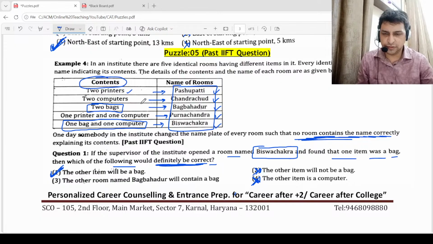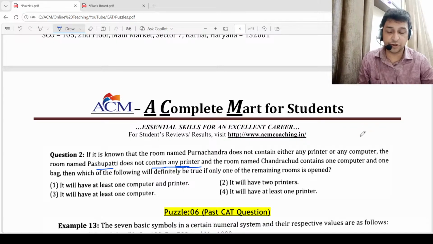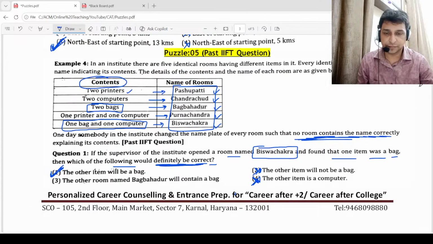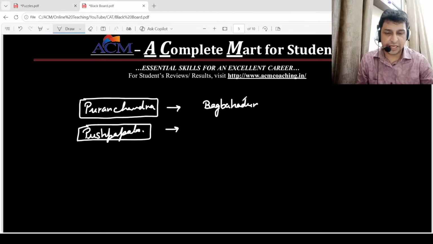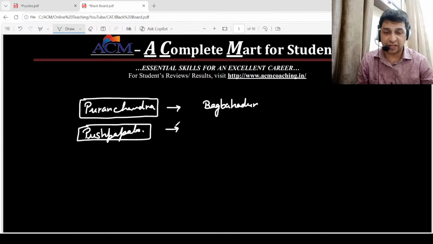So it can be Chandrachud, because it should not have a printer. It can be Chandrachud, it can be Bag Bahadur, but Bag Bahadur already has been taken, so it cannot be Bag Bahadur also. It can be Chandrachud, Purna Chandra is not possible. It can be Chandrachud or Vishwachakra.